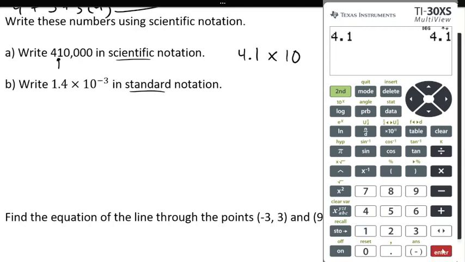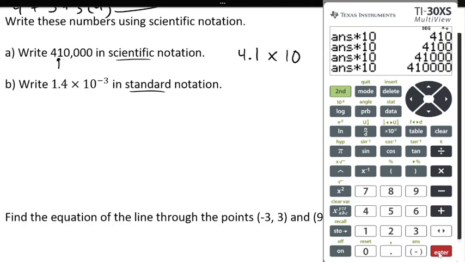So I'm placing the 4.1 on the calculator stack, and then I'm just going to multiply by 10. How many times? 1, 2, 3, 4, 5. And you can see right there, if I multiply by 10 5 times, that becomes 410,000.